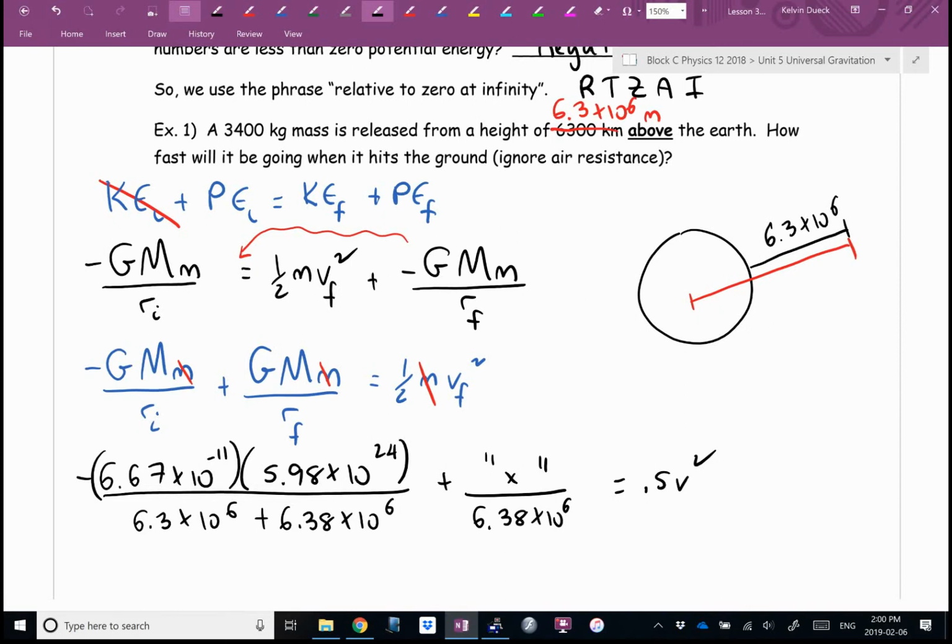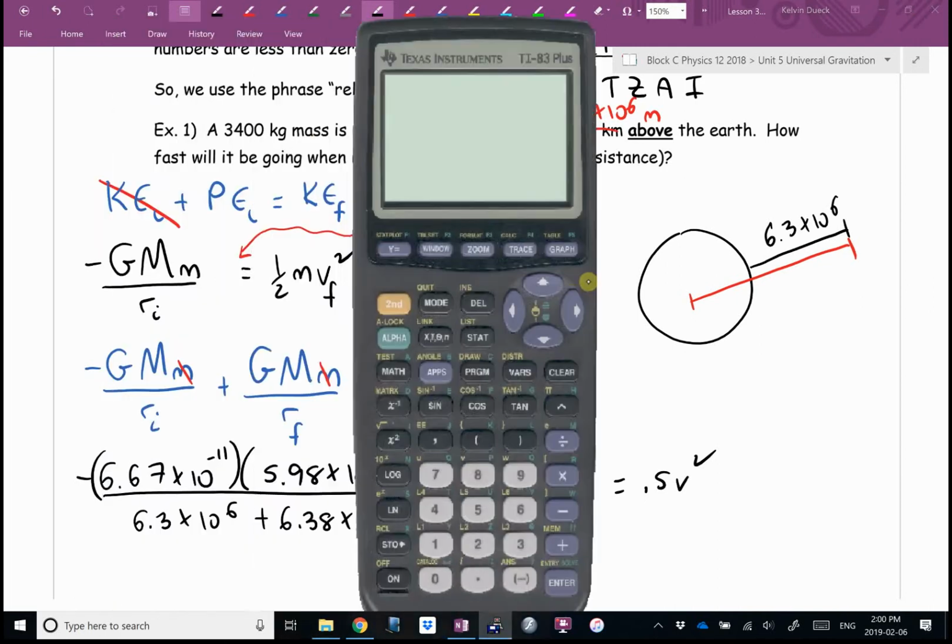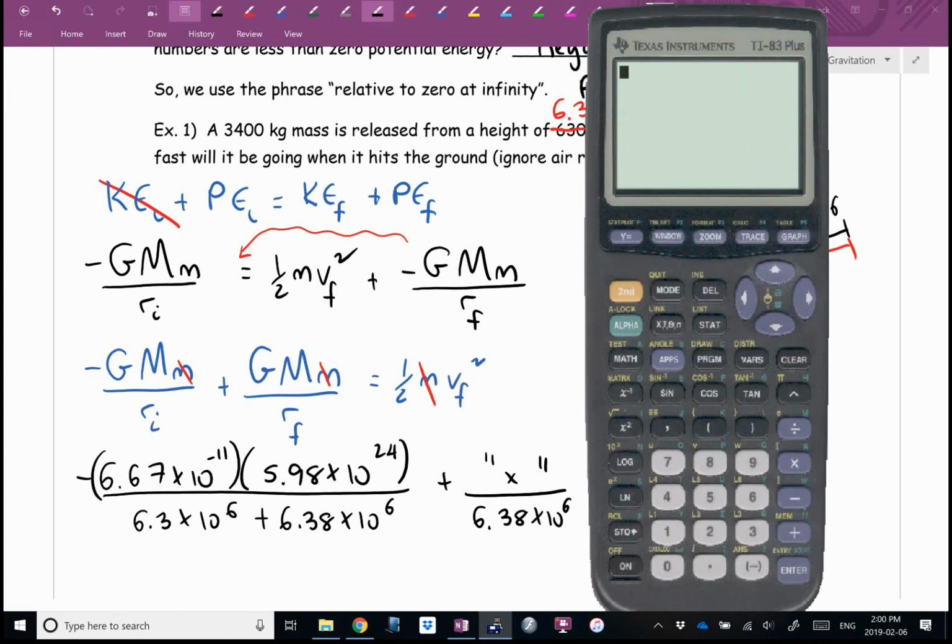I want to try and come up with a way that saves you typing and reduces error. So here's what I'm going to say. Every one of you, pick up your calculator. Now you can, Graham. But only type in the first term. Type in the negative 6.67, scientific notation, negative 11, times 5.98, scientific notation, 24, divided by, I'll have to put the bottom in brackets, 6.3, scientific notation 6, plus 6.38, scientific notation 6.